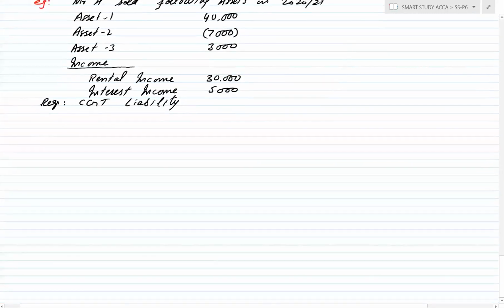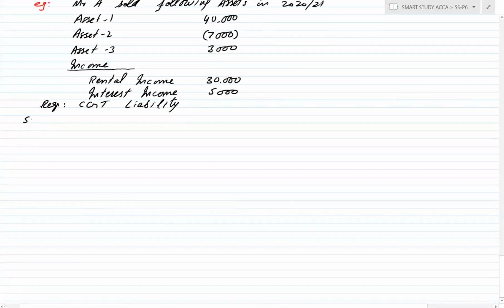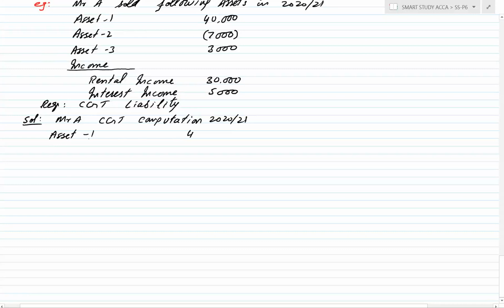So we are starting with Mr. A's CGT computation. For the tax year 2021, this individual has sold 3 assets. So first of all, we will net off gains and losses of these 3 assets. On asset 1, we have a gain of 40,000 pounds.